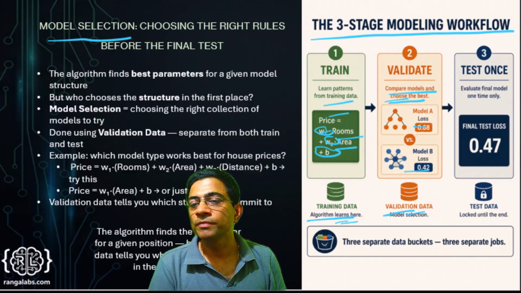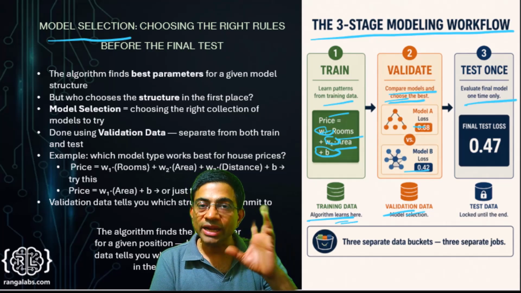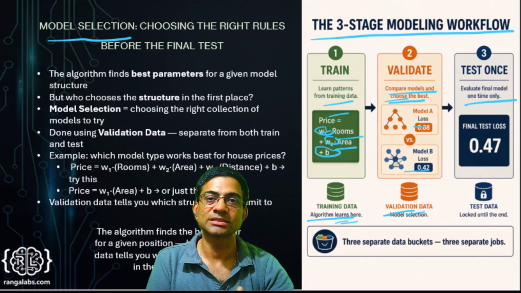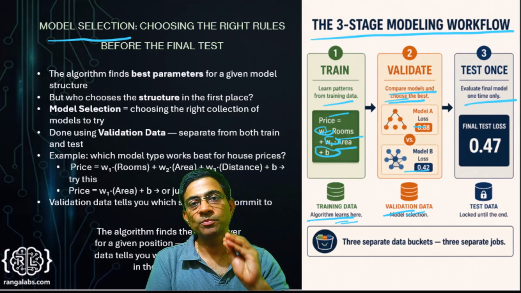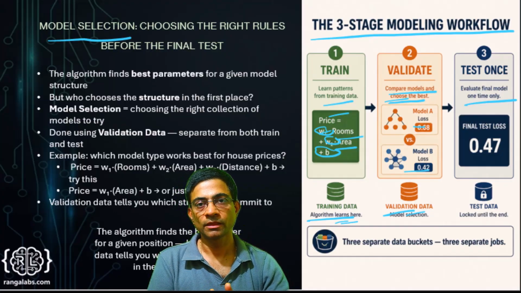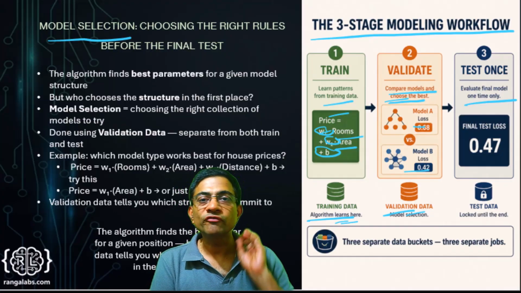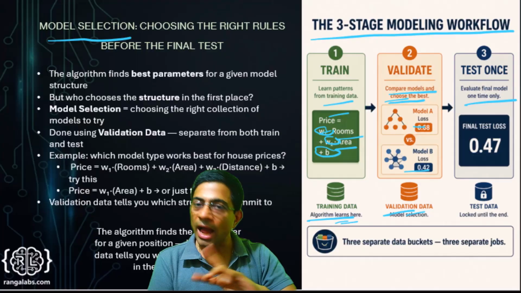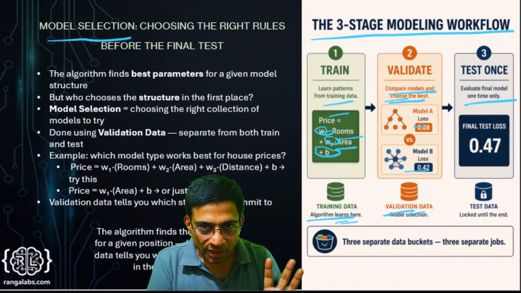The third one is the test. We run it only once, on the model type we have selected. That's it. If you run it again, the data gets corrupted.